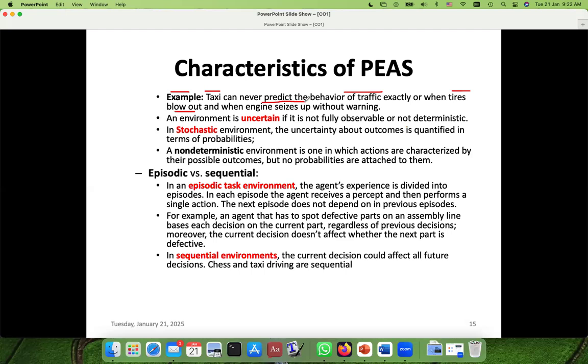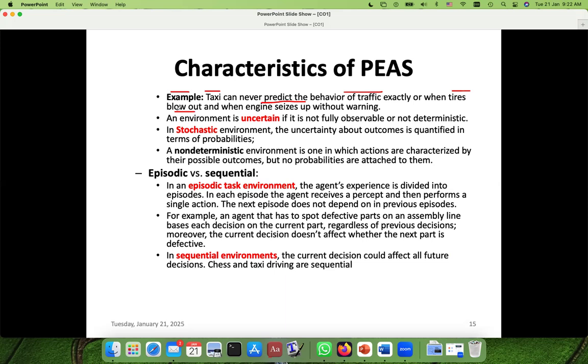So these are different states: seizing up of the engine, blowing out of your tire, traffic behavior. Even if you predict that a traffic blockage can occur at some position, when we reach there, there's no traffic blockage. So these are events which you cannot predict easily.